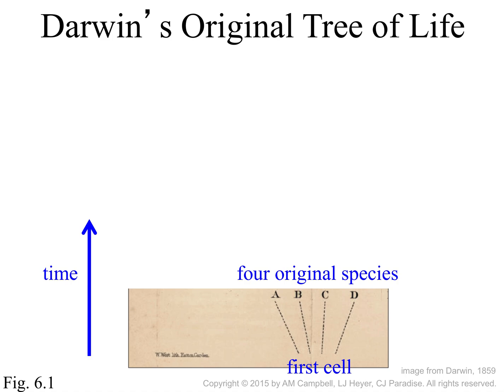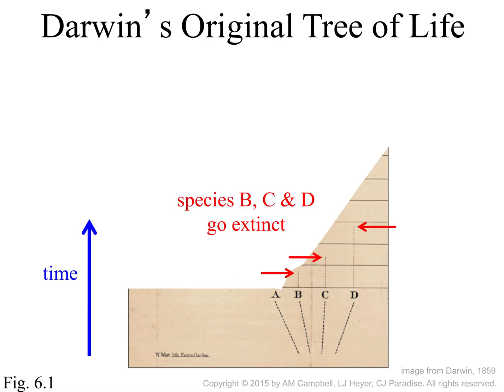So the idea is that Darwin proposed that there was an original ancestor organism, like the first cell, and then they split by the process of selection, drift, gene flow, mutation. He didn't know about any of those except for selection, which he first described, into different species.